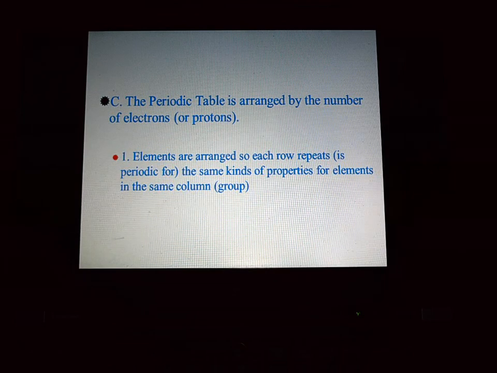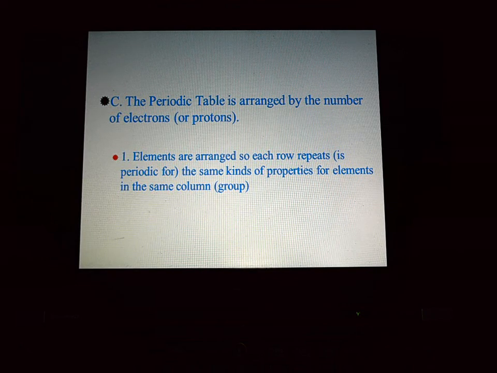And basically, last slide here, the table is arranged by electrons or by protons, because remember, it's the same number. Elements are arranged so each row repeats, is periodic, for the same kind of properties for elements in the same group or column. If you think about it, in row 3 you've got 11, and then next door it's 12, and then you jump across the gap, 13, 14.